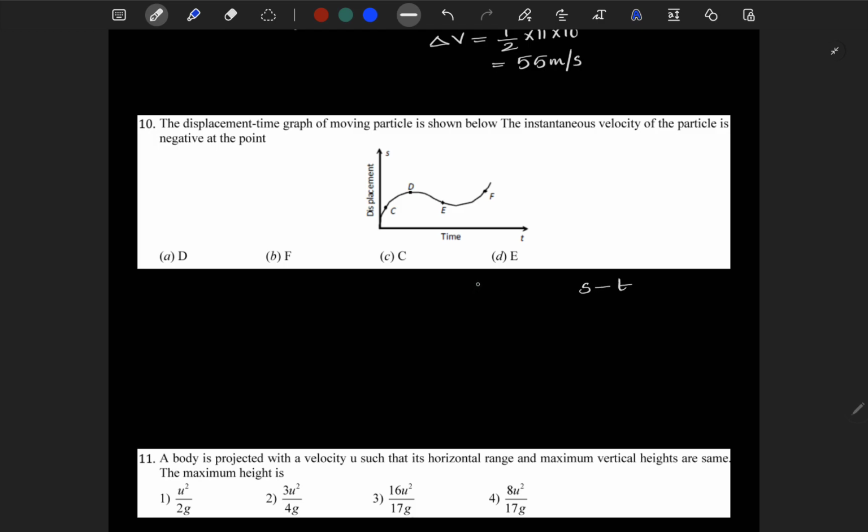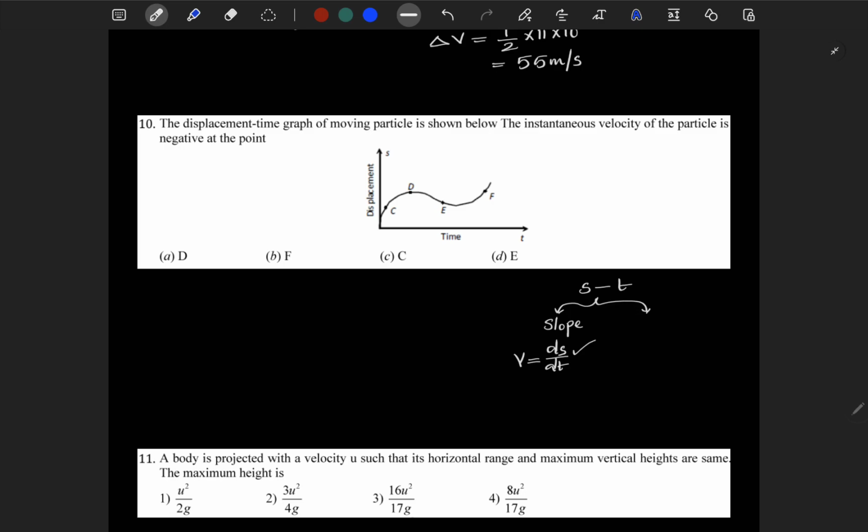When a graph is given, one thing you can do is find the slope of that graph and see what it indicates. The other thing is to find the area of that graph and see what it indicates. Here the slope of this graph is ds by dt, which is velocity, and that is what is required in this question. The instantaneous velocity is ds by dt; otherwise the average would be delta s upon delta t.